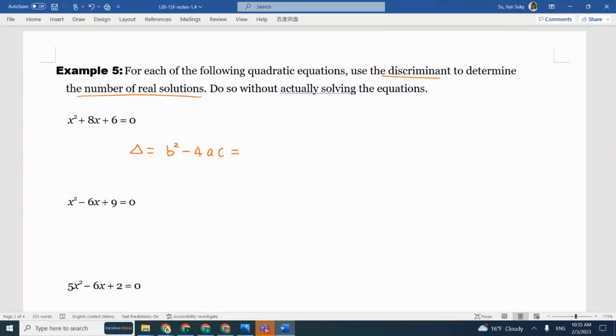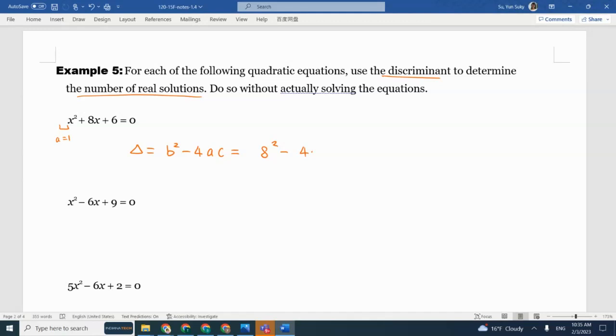So B squared. A squared, and then what? Minus what? Your A is 1, the coefficient of it. So A, B, C, they're all numbers, constants.